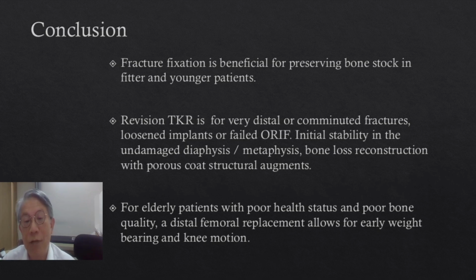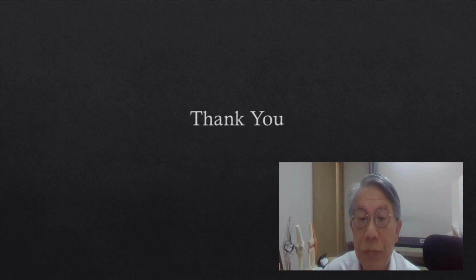And then lastly, for the elderly patients with poor health, poor bone stock, with only one shot at surgery, perhaps a distal femoral replacement, one-off, may be the best option for these patients for early weight bearing and early knee motion. Thank you.